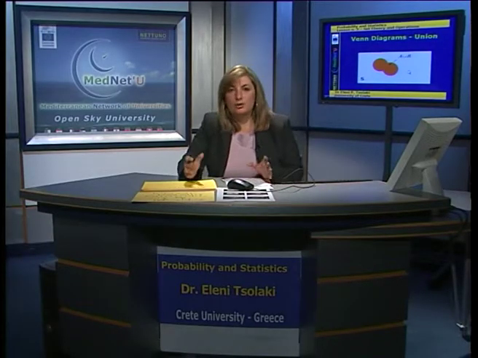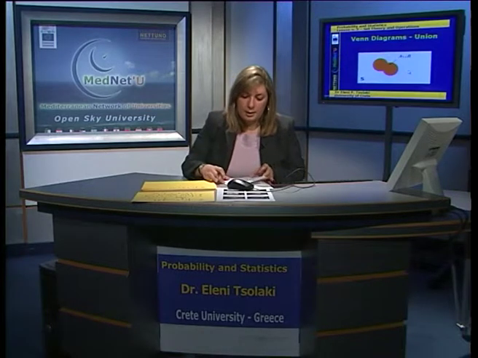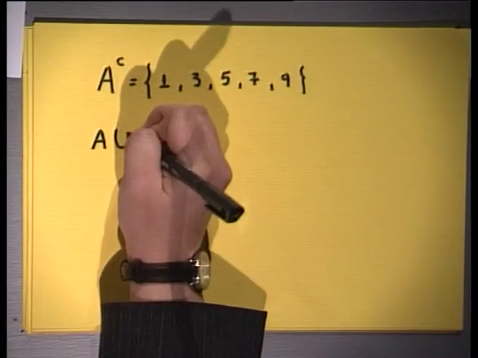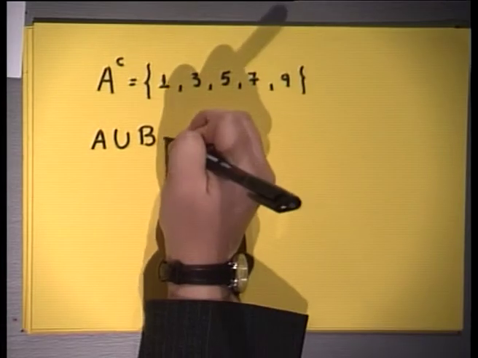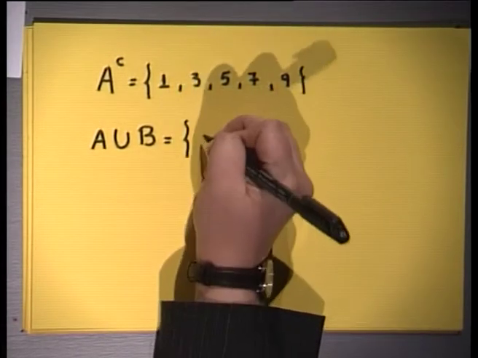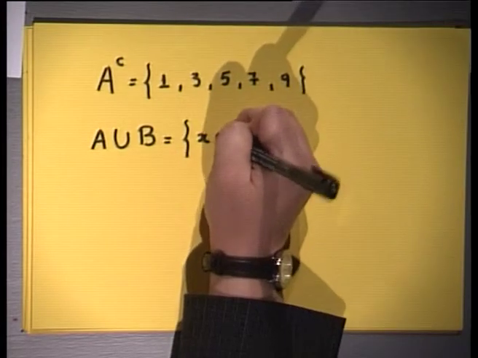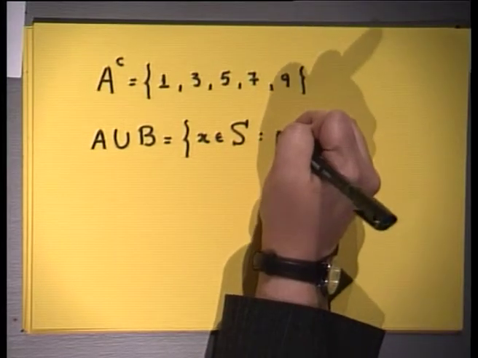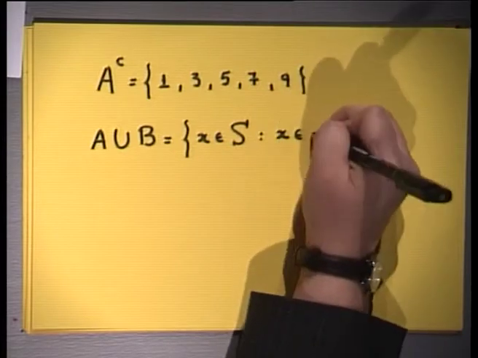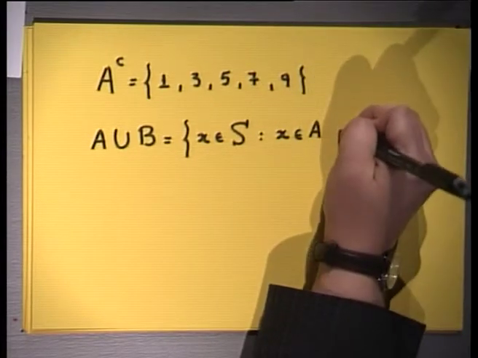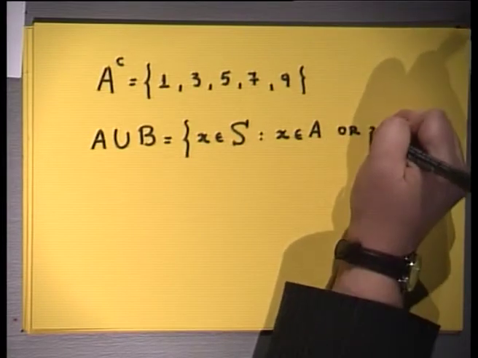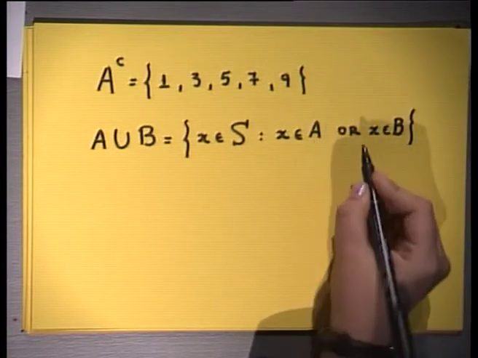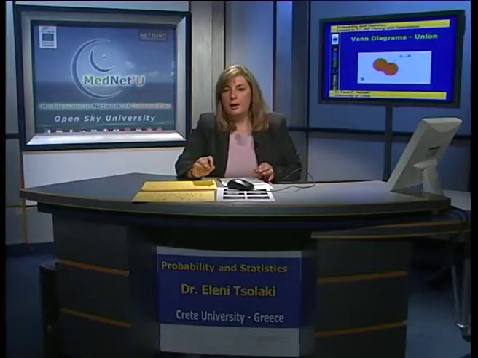So we are going to write this mathematically again. In this case, A union B will be the elements X that belong in our sample space, such that X is in A or X is in B. We have to say here about the OR.